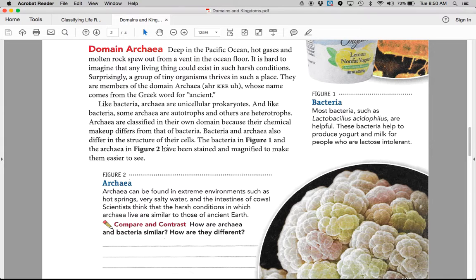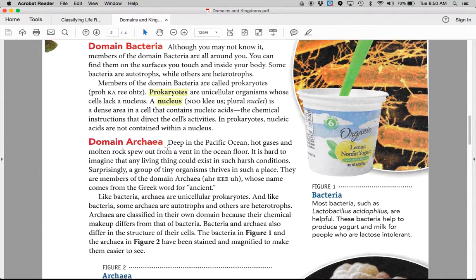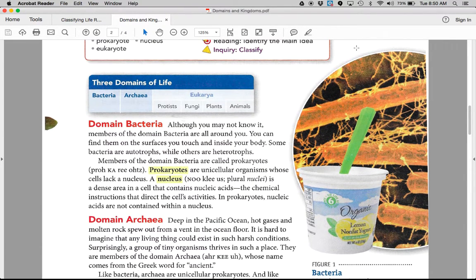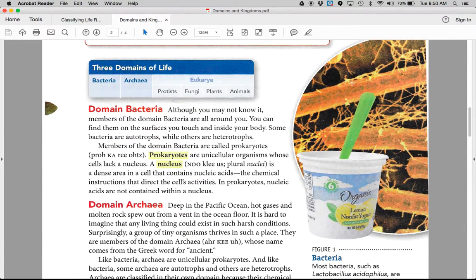The bacteria in Figure 1 and archaea in Figure 2 have been stained and magnified to make them easier to see. So there's the bacteria you commonly find in yogurt. I know a lot of you eat yogurt, and you may be surprised to find out that yogurt is actually a living thing, and here's why.